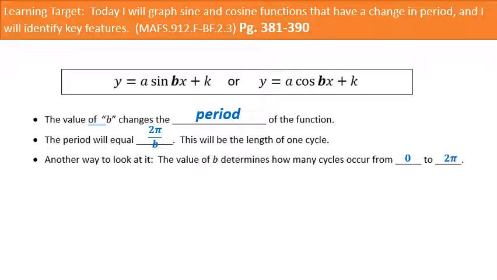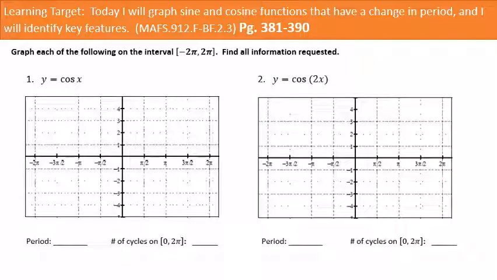And if b was like 5x, then I would expect there to be 5 complete cycles every time we spun around. All right, let's see if that makes sense. Let's try it again. Here we go.